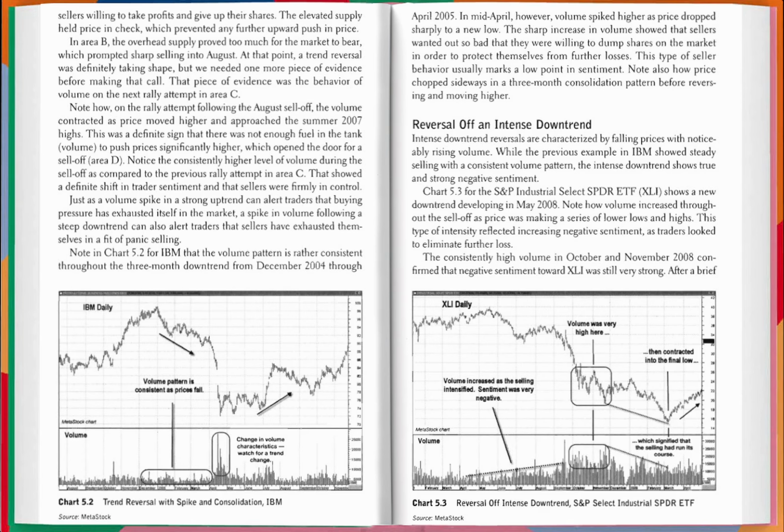Note how volume increased throughout the sell-off as price was making a series of lower lows and lower highs. This type of intensity reflected increasing negative sentiment as traders looked to eliminate further loss.